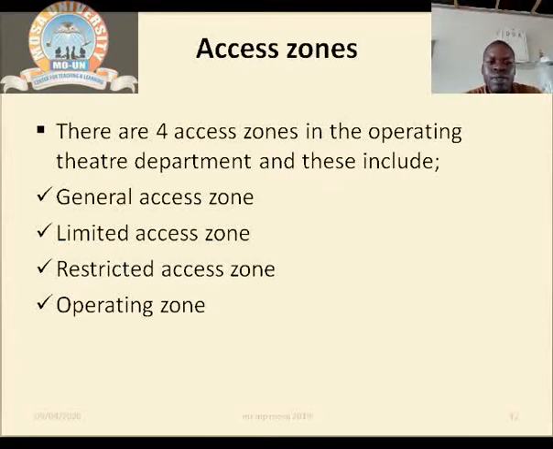When we say restricted access zone, we may mean one of the theaters, like theater 1. For instance, if an operation is going on in theater 1, that area becomes a restricted zone because we don't just allow anyone to come in and go out, especially when the procedure being done happens to be infected.